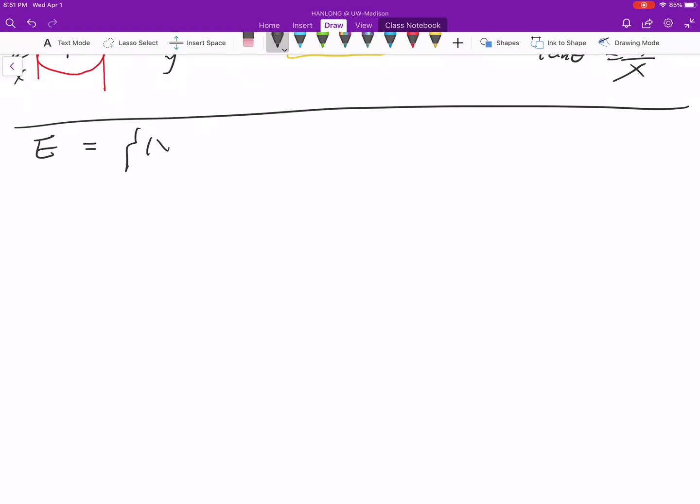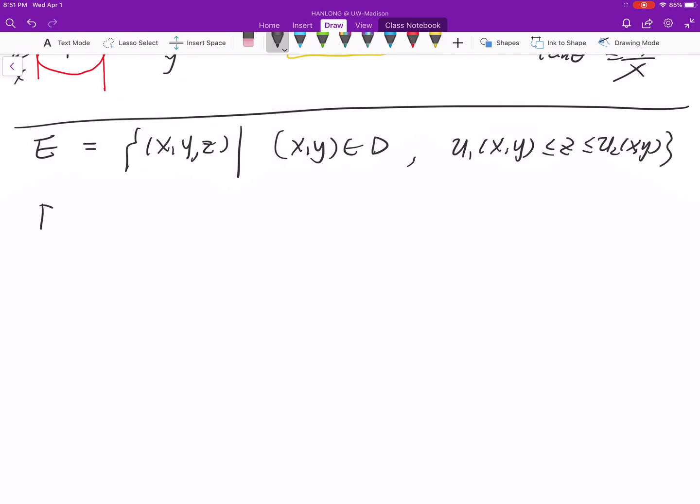So x, y, z, where x, y is in D, and u1(x, y) is less than z, less than u2(x, y). And then D has a better representation by polar coordinates, usually like the following.